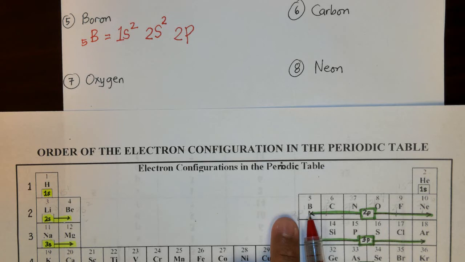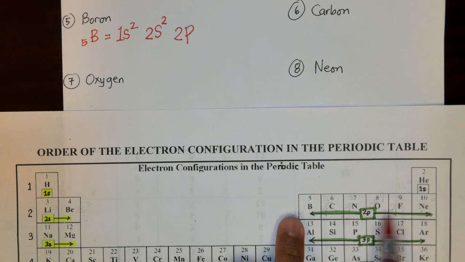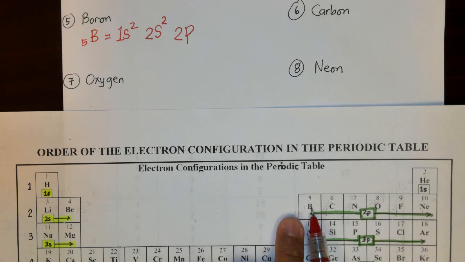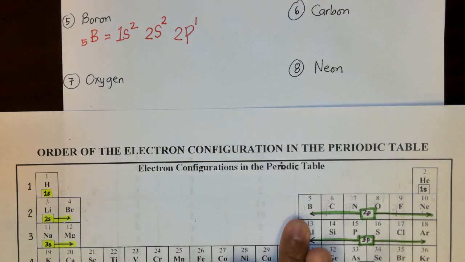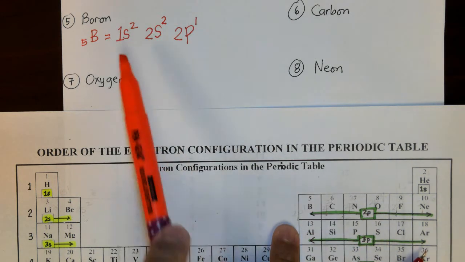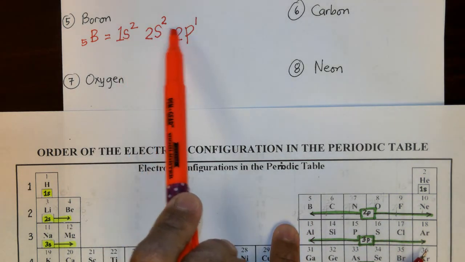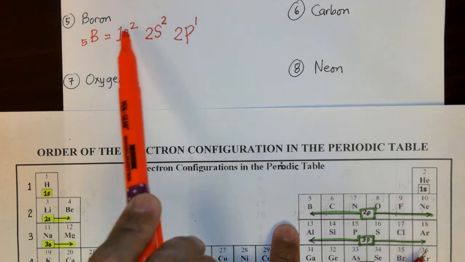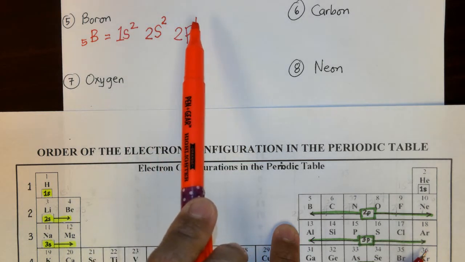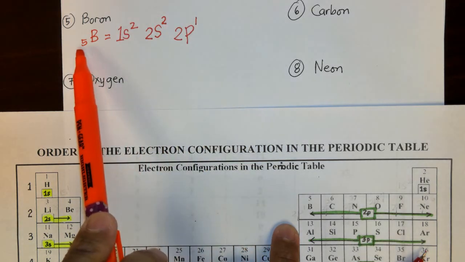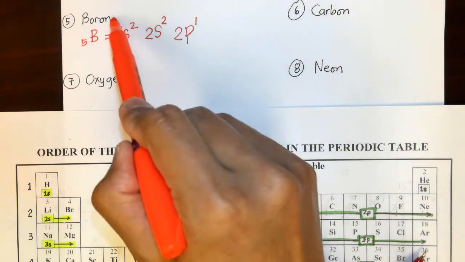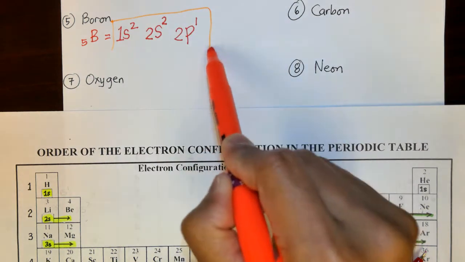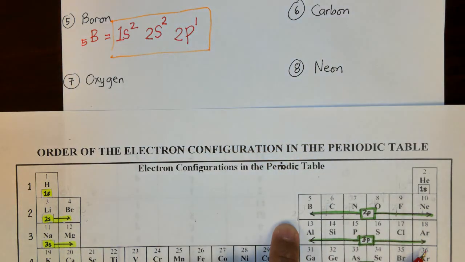Boron is in the first box of the 2p, so it's the first element of the p. So 2p1. And when I check if this is correct, I have 2 plus 2 plus 1, a total of 5 electrons distributed. I get 5, which is its atomic number. So that means my electron configuration of boron is correct.